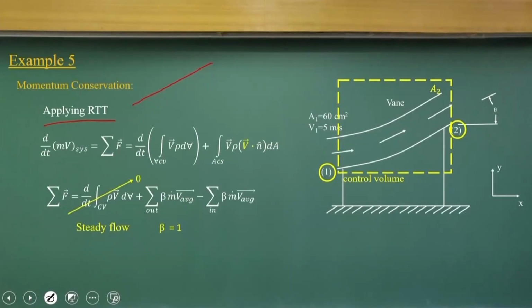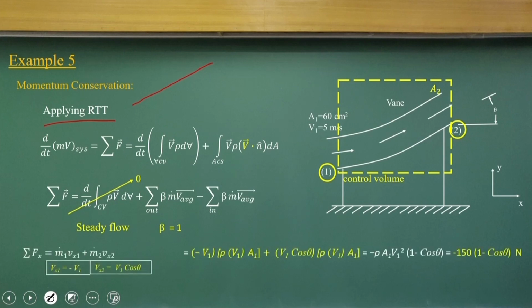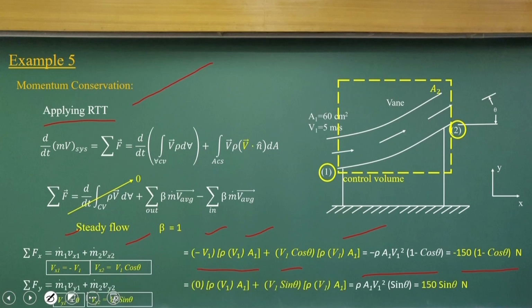For this problem we have considered beta equal to 1. For the force component acting in the x direction, if I compute the momentum flux, I can have mass flux times the velocity component in the x direction, and that will be equated to this value.